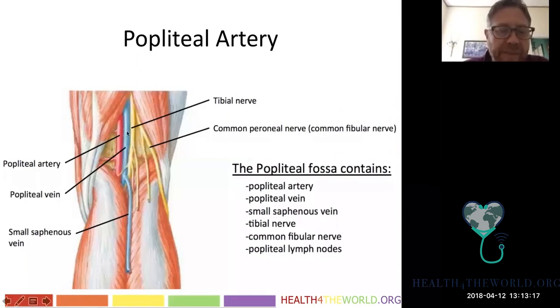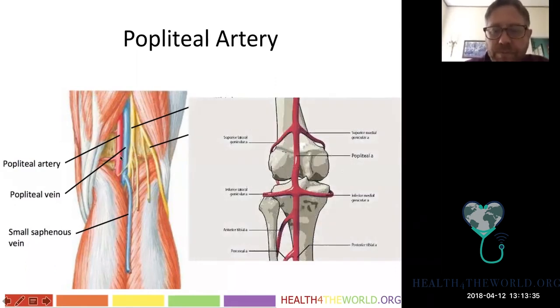And we're talking about the artery now. So this is kind of this deep and protected area. Certainly posterior dislocations of the knee and trauma of the knee can cause popliteal artery injury or DVT or nerve injury as well, because it's very deep and close to the bone.